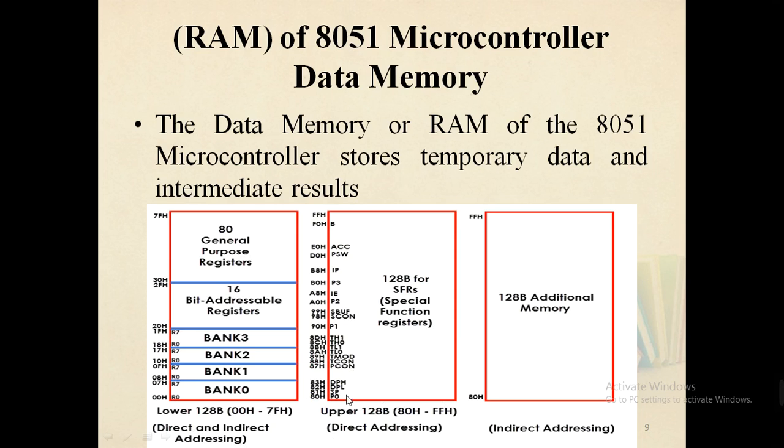And coming to the next one, the upper 128 bytes of RAM, that is memory address from 80H to FFH, is allocated for special function register banks.